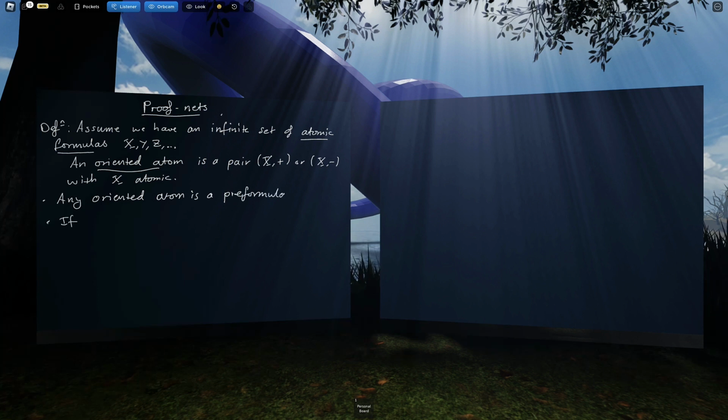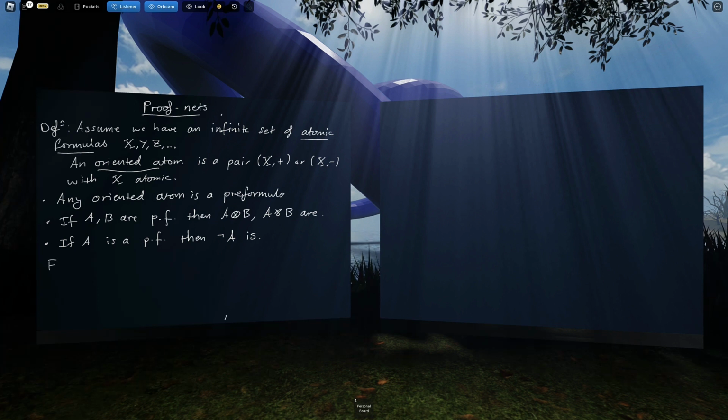And then if A and B are pre-formulas, I'll just shorten that to PF, then A tensor B, and this next one's a bit of fun if you haven't seen it before. That's an upside down ampersand, and we call that par. Very hard to draw. Are also pre-formulas. And then if A is a pre-formula, then the negation of A is.